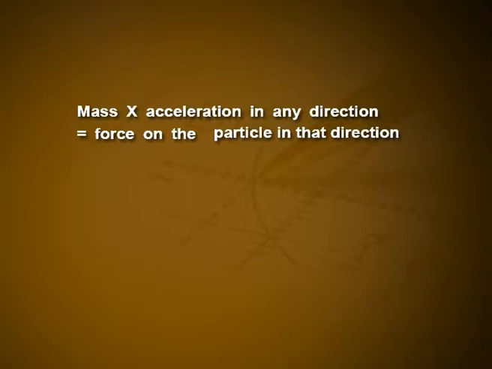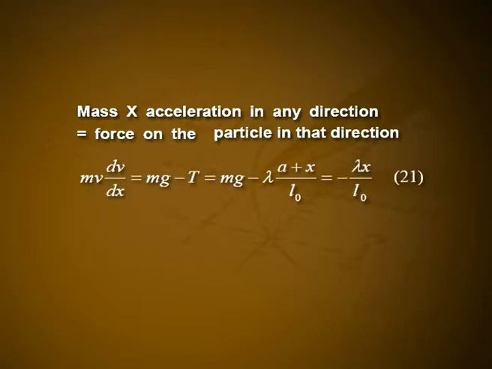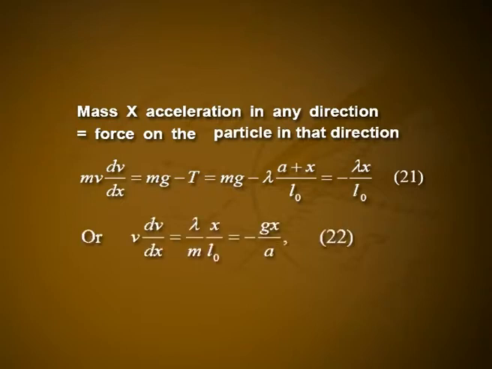The equation of motion, which states that mass into acceleration in any direction is equal to force on the particle in that direction, gives m into v into dv by dx is equal to mg minus T, which is equal to mg minus lambda into (a plus x) by l naught, which is equal to minus lambda x by l naught, or v into dv by dx is equal to minus lambda x by m l naught, which is the same as minus g into x by a.